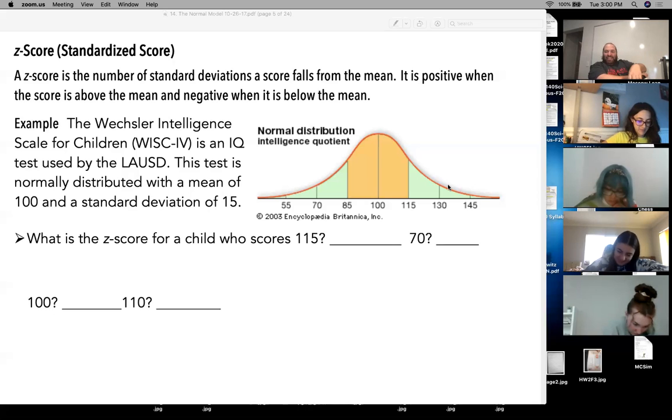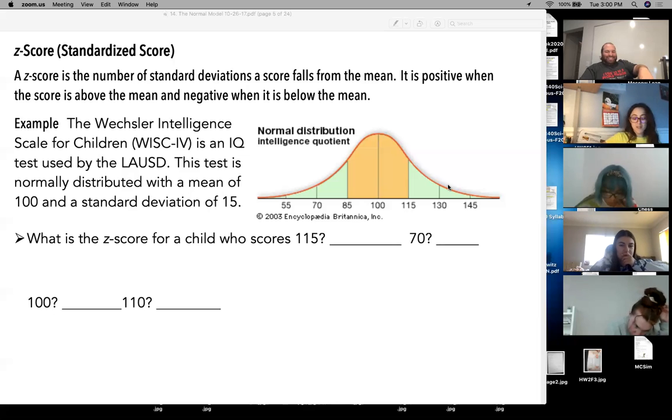Now, if you scored a 115, what would your z-score be? Positive, but positive what?